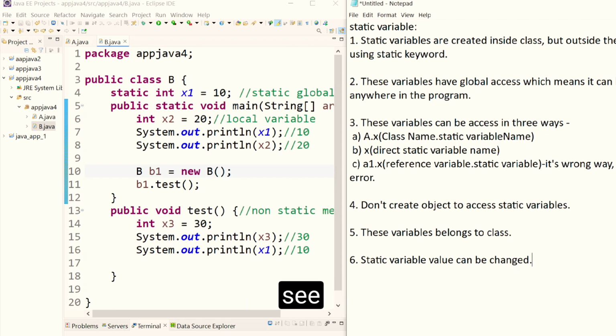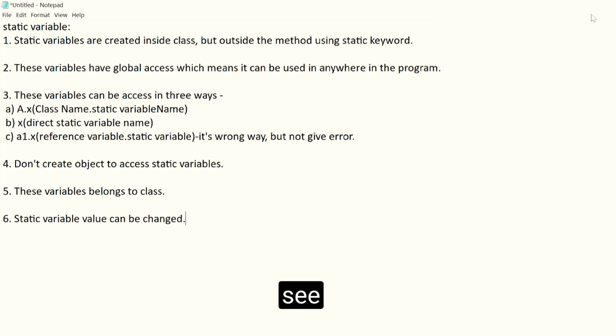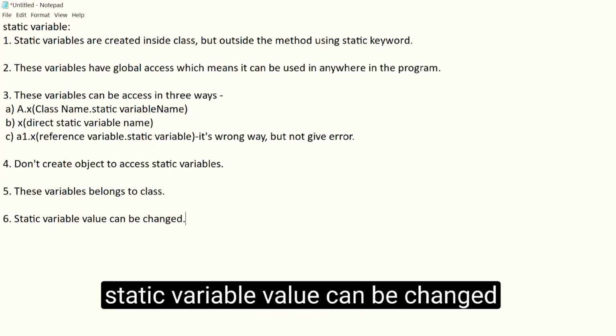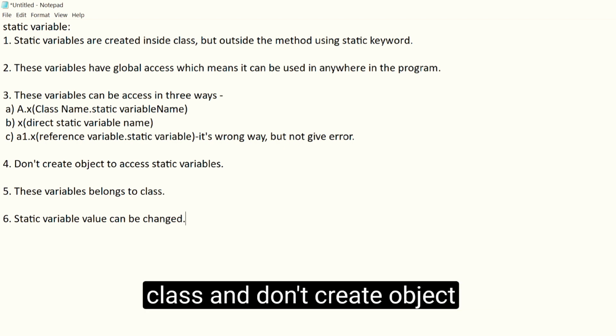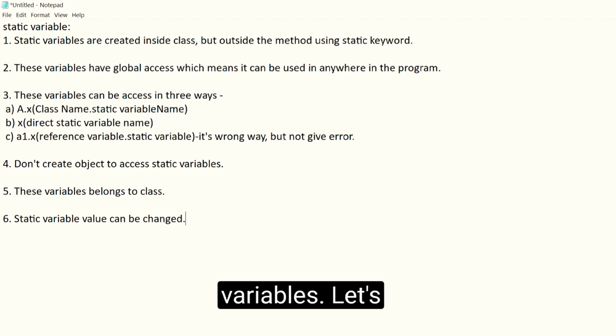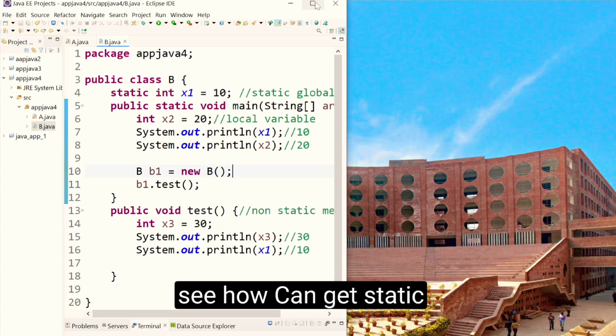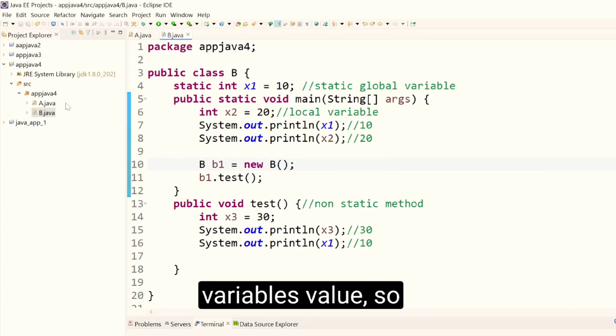How? Let's see. Static variable value can be changed, static variables belong to the class, and don't create an object to access static variables. Let's see how we can change a static variable's value.